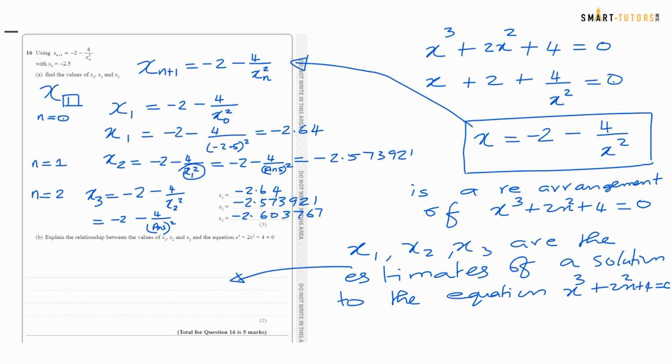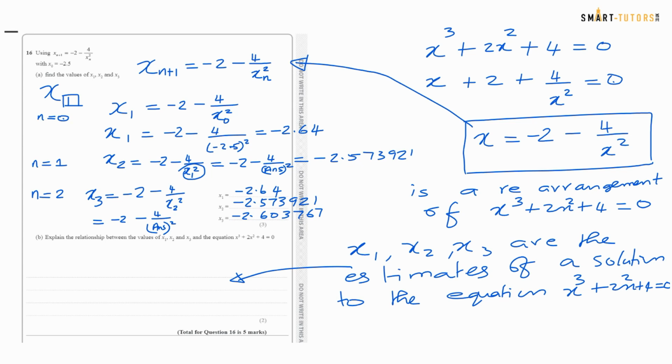So when you do the iterative process more times, you get a more accurate answer. So for the answer to part B, you explain that it's a rearrangement of the previous equation, and x1, x2, x3 are the estimates of a solution to the equation. That is our final answer for the equation.